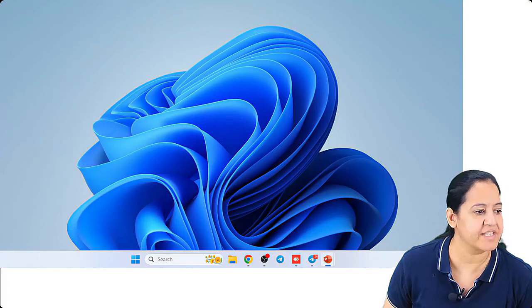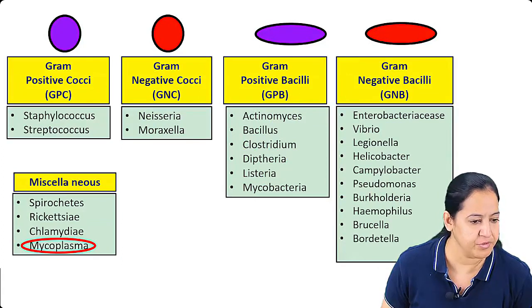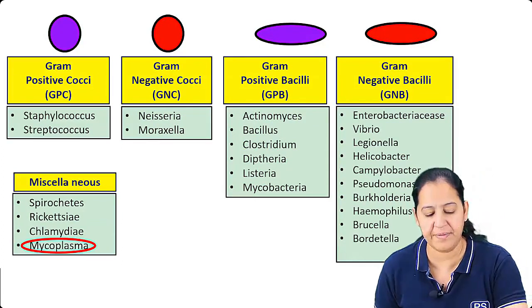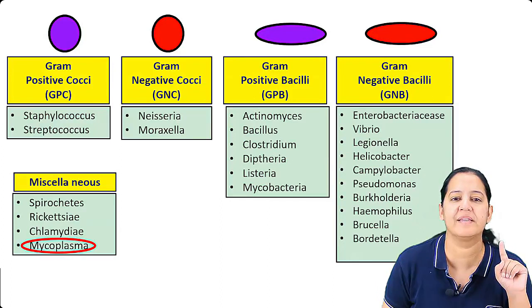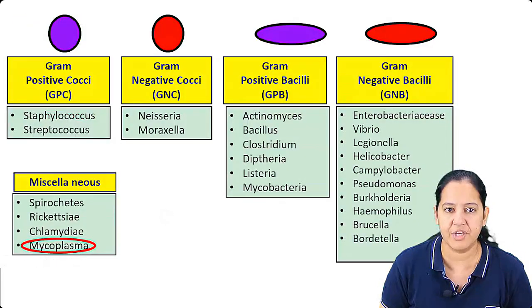Does anyone have any doubt in the rickettsia? Can I move to the next organism? I'm teaching you the miscellaneous ones, people. The 4 miscellaneous were pending. You asked me you want to study the miscellaneous also, so I am teaching you the miscellaneous ones.